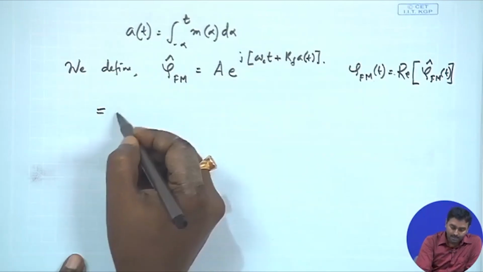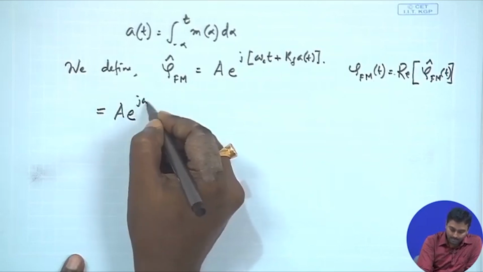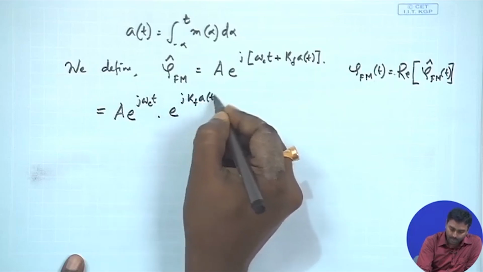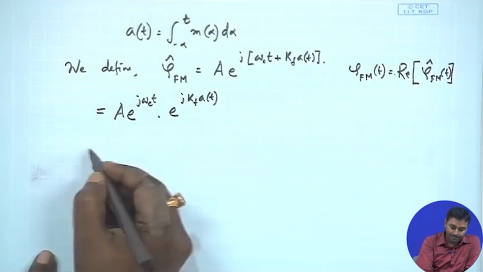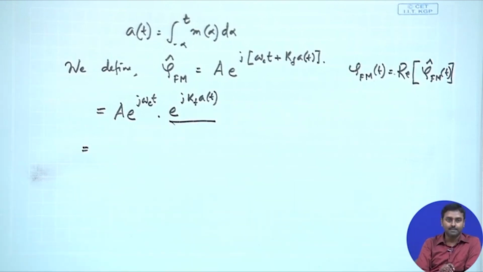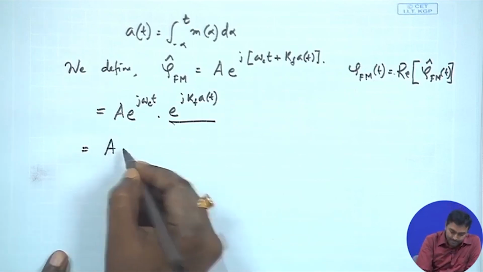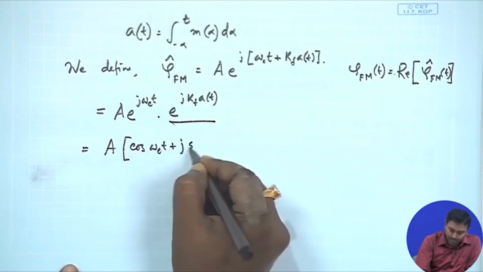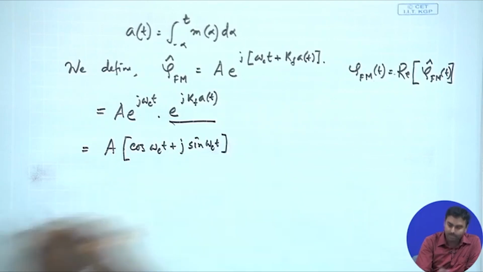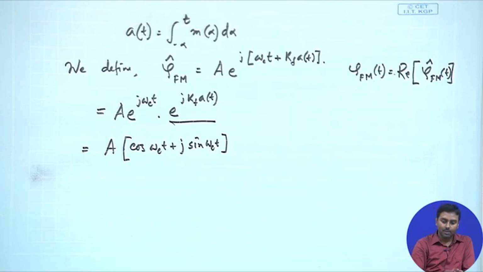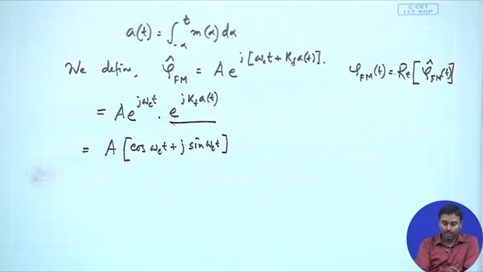Let us try to see, I can write this as e to the power j omega_c t times e to the power j k_f a(t). Now, I expand this in an exponential series, and the other part I write as cos omega_c t plus j sin omega_c t. You will see why I am writing this. I am just representing both of them in two different forms: one using Euler's formula, and the other the exponential series.